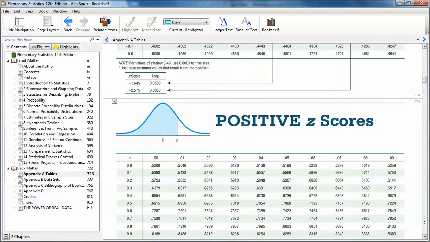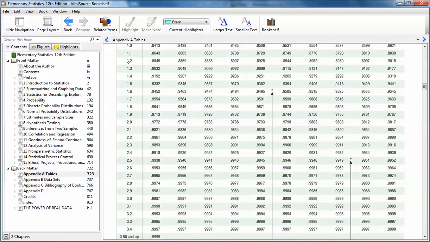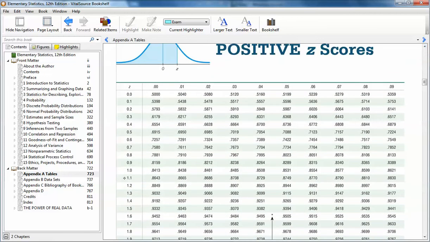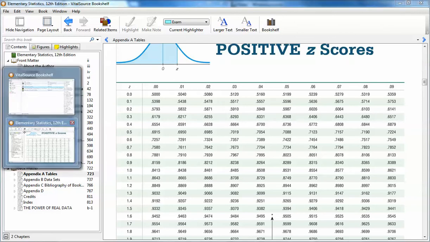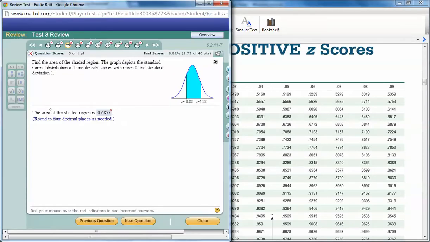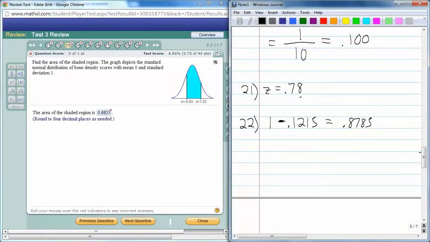That's negative z-scores, positive z-scores. 1.22 is 0.8888.